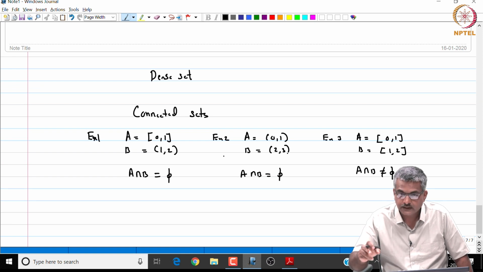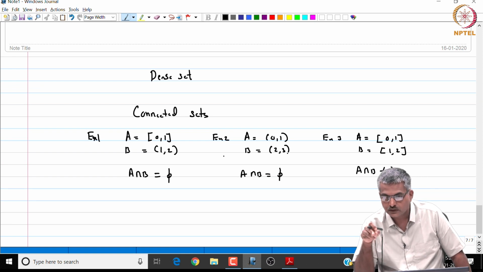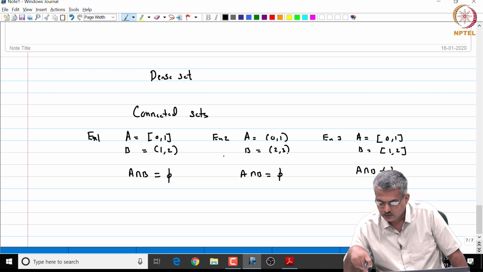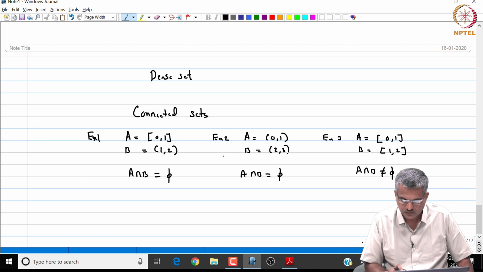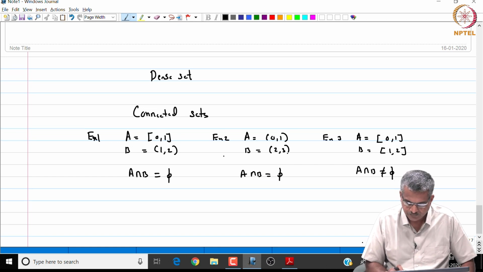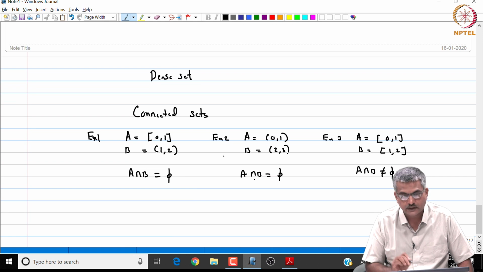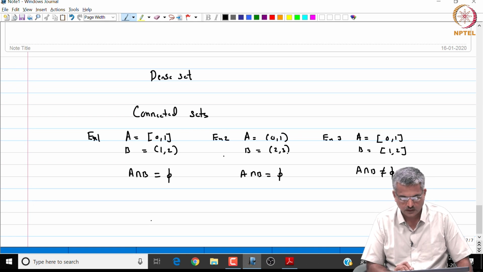So, if you apply the definition of two sets being not disconnected, so this example 3 fails, in the sense that they have a non-empty intersection. So, they cannot be separated, right. So, they are connected. Now, come back to example 1 and 2. What is the difference? Well, the difference is both have empty intersection.